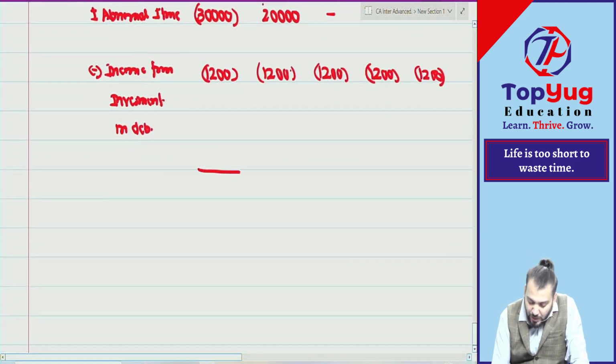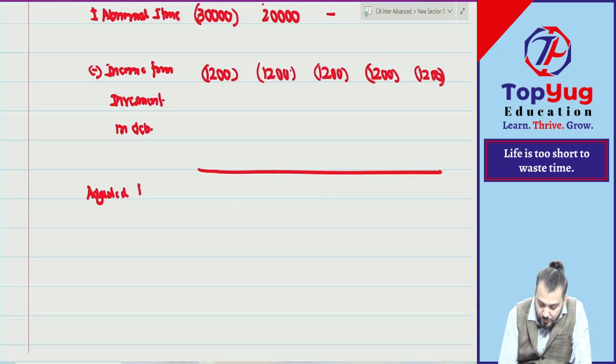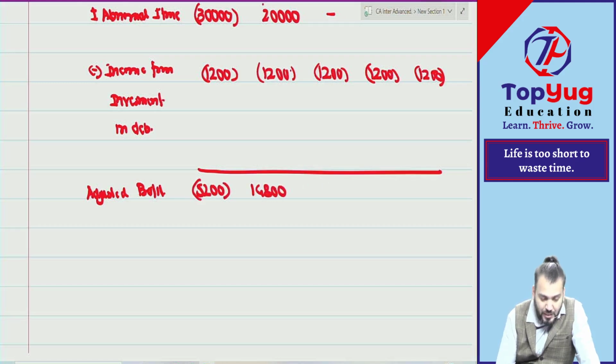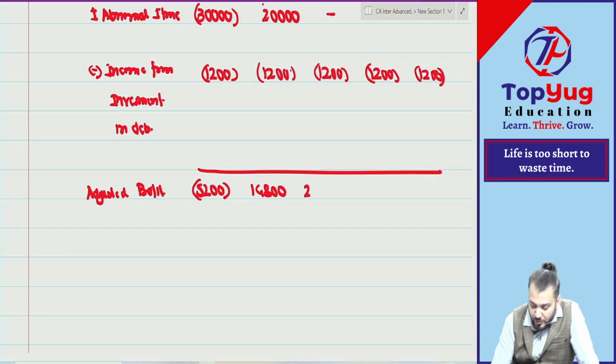Now can you give me the adjusted profit? We call it adjusted profit. How much? 5,200 loss. Then 14,800 profit. Then 24,800 profit.